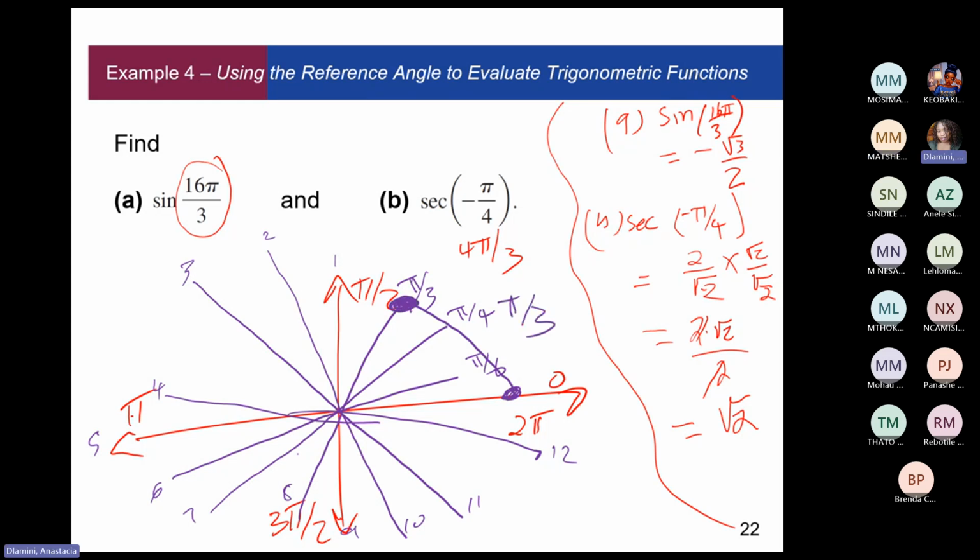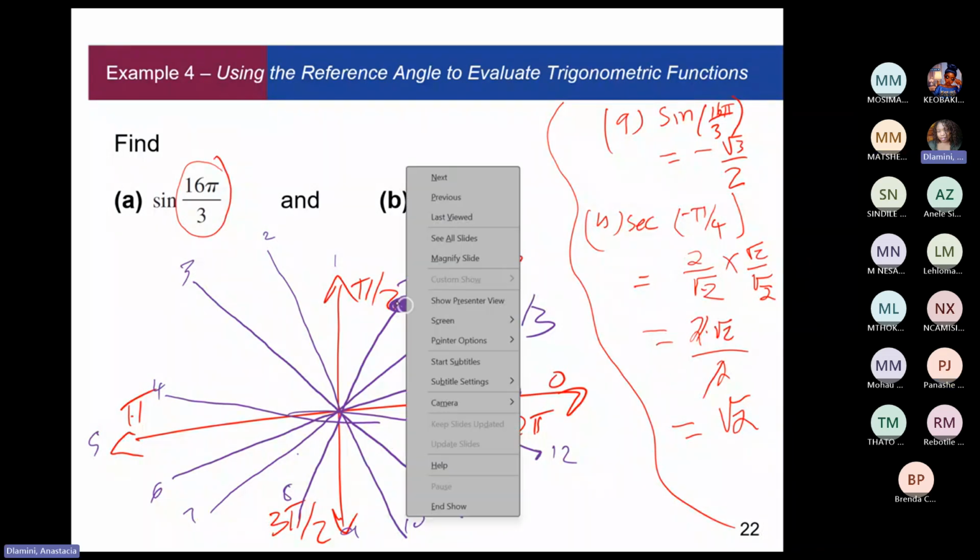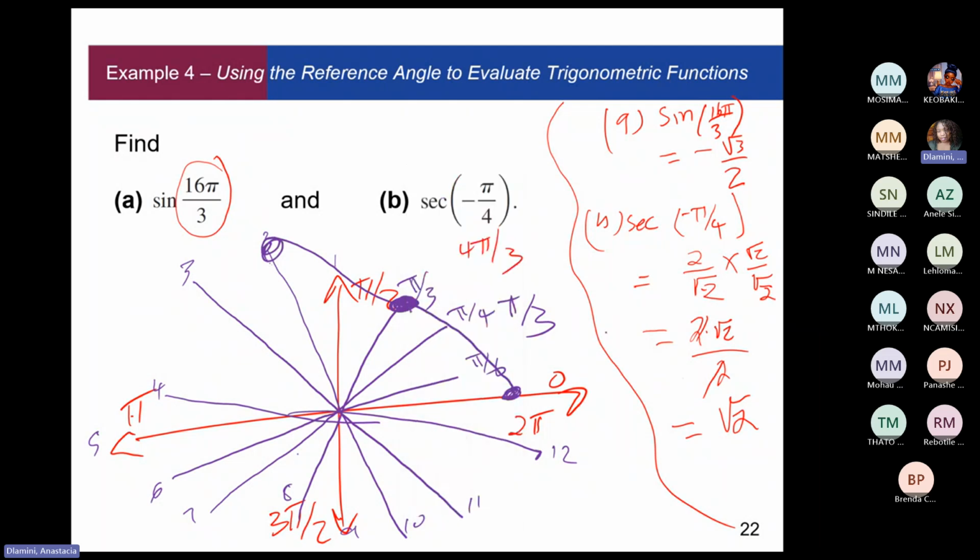Where's our second pi over 3, guys? At number 2. Thank you, well done. It's here at number 2 because pi over 3, we know it's 60 degrees. And we know from here, add 30, you get to 90, add 30, you get here. So that's number 2, pi over 3.